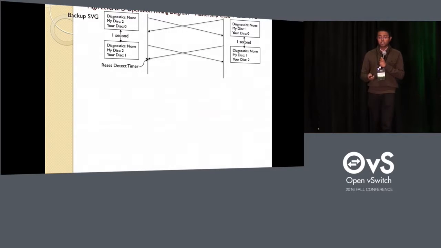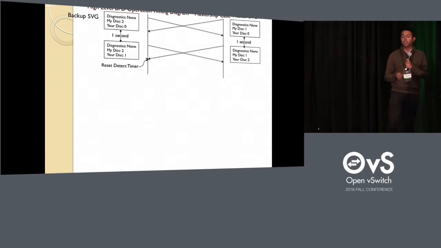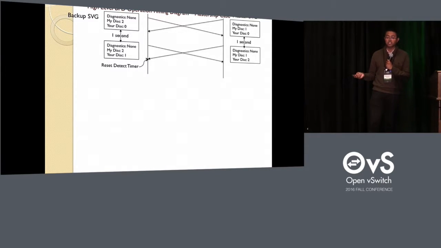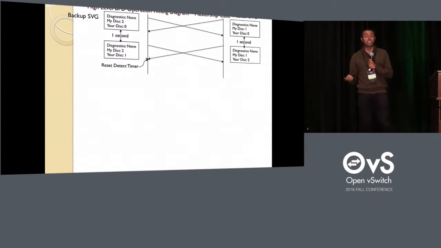Let's take a look at how this works in the mastership case. First, when we start, on the left-hand side we have the backup SVG starting with a role of 2, and on the right-hand side the master SVG gets a role of 1, and in steady state they have the roles exchanged.